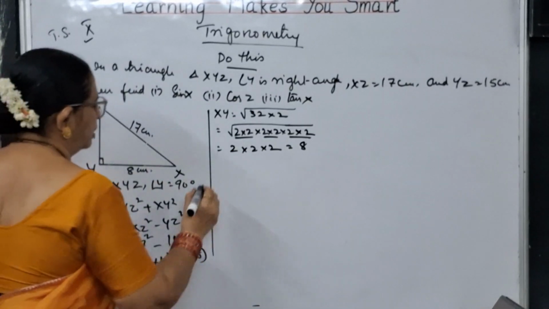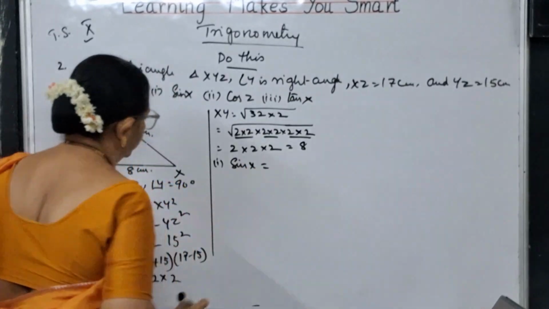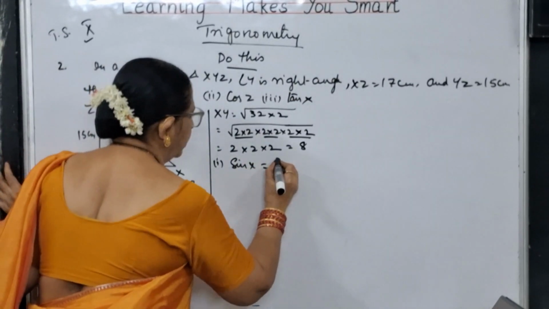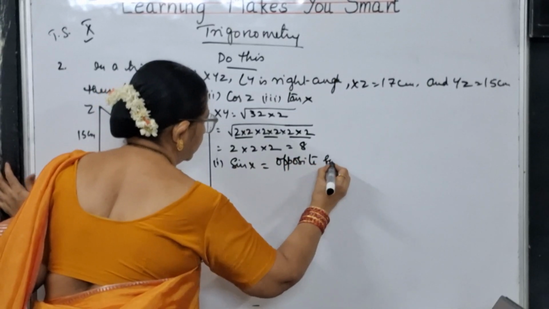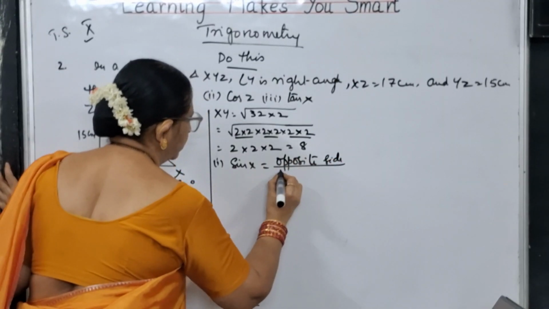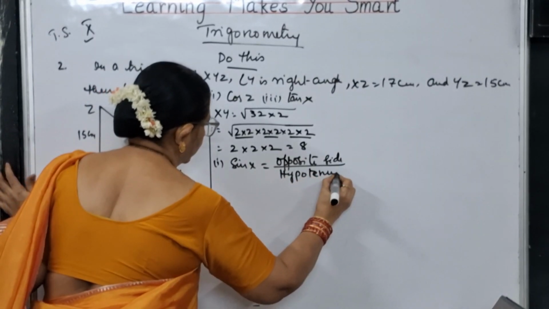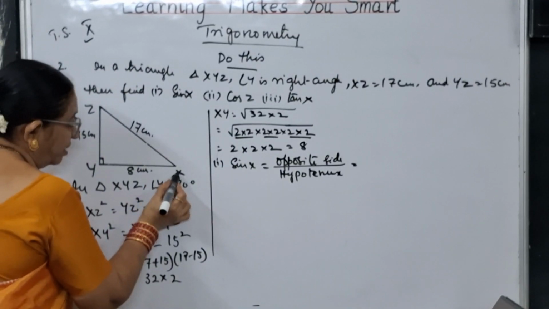After identifying this, the first bit is sin x. For this sin, what is the formula of sin? Opposite side by hypotenuse. So how much you are getting for this x?